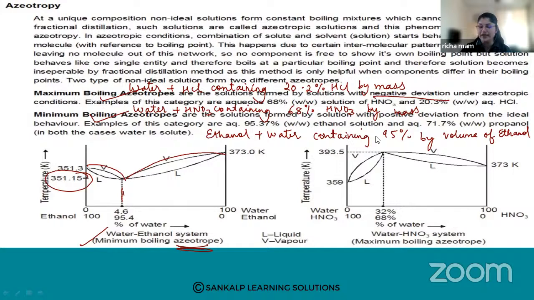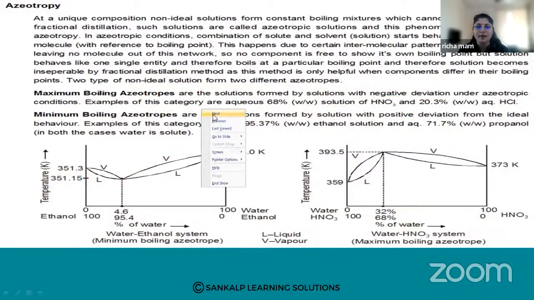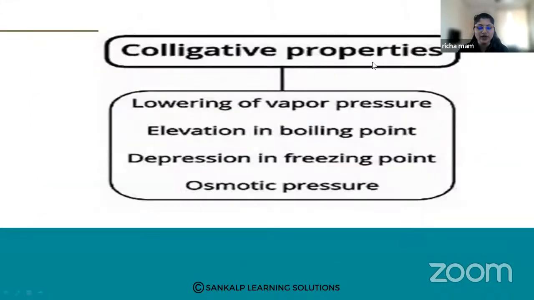The complete composition should be written, because what is important in azeotropes? The composition is important, because the composition is the same in the liquid state as well as in the vapor state. Because of that, the composition should be written correctly. So these are the two types of azeotropes.